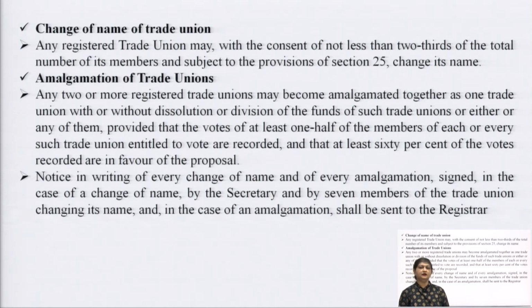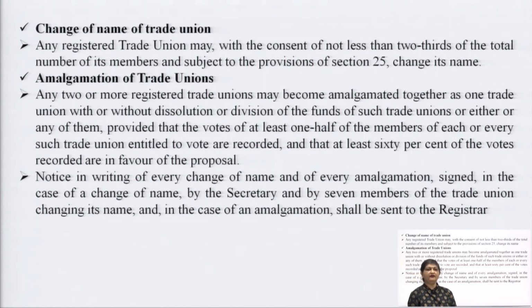Now, amalgamation of trade unions. Any two or more registered trade unions may become amalgamated together as one trade union, with or without dissolution or division of the funds of such trade unions, or either or any of them, provided that the vote of at least 1/2 of the members of each or every such trade union entitled to vote are recorded, and that at least 60% of the votes recorded are in favor of the proposal.